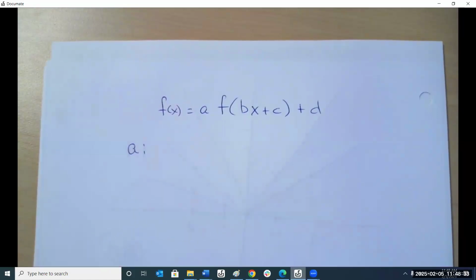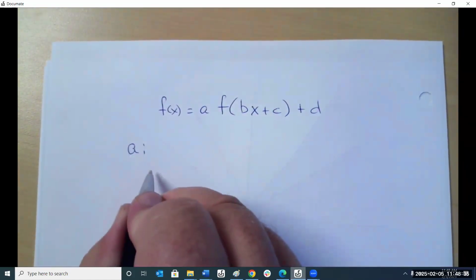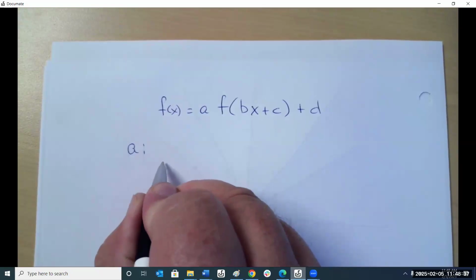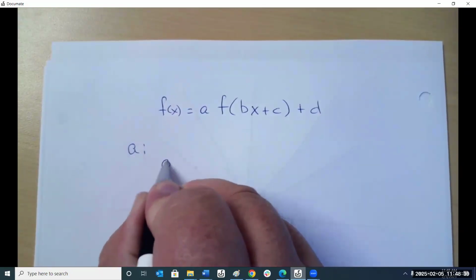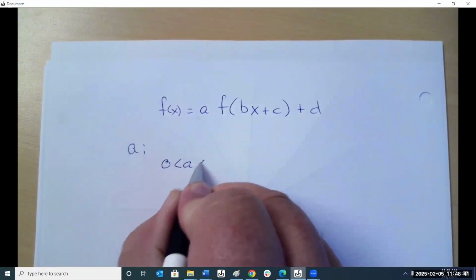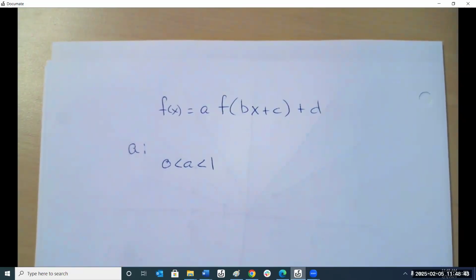What happens with A? There are only two things. Well, if A is between 0 and 1, what happens? Why is it a vertical shrink? It's outside, so it's vertical.